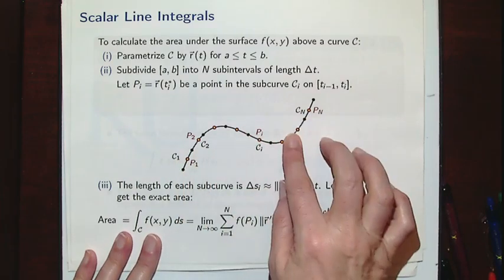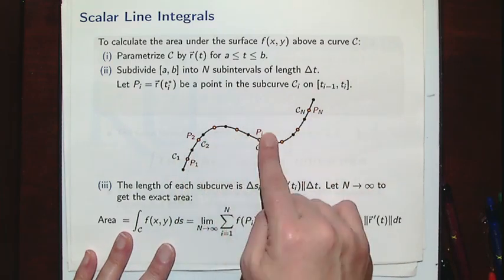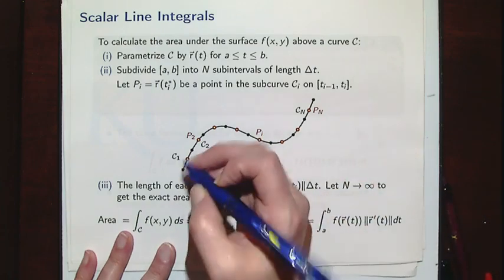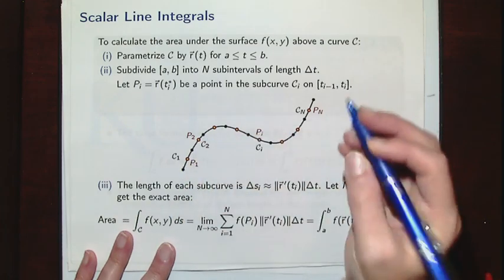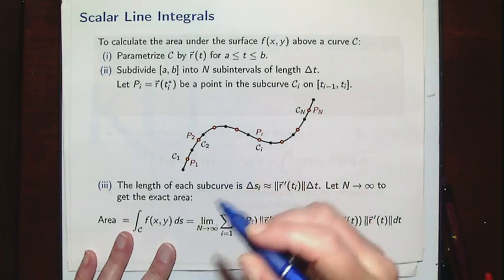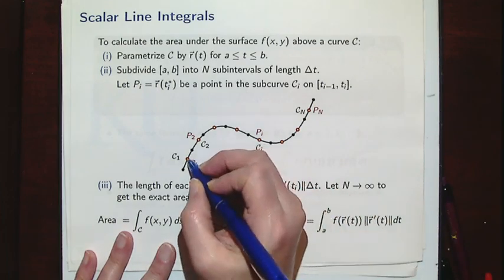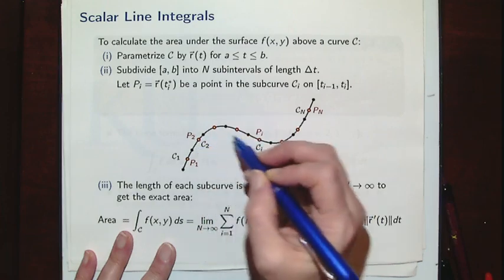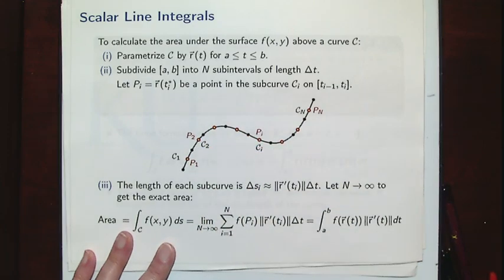Okay, so look at this domain. I'm going to break this into multiple pieces, many pieces. Then in each piece, I'm going to choose a sample point, P1, P2, and so on.